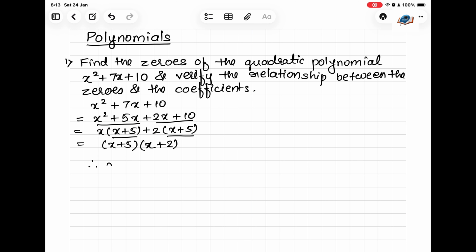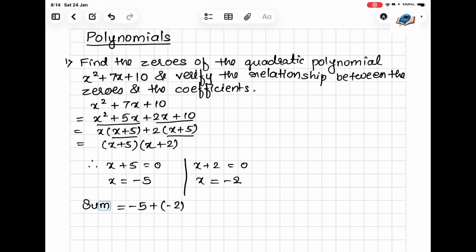Therefore, x plus 5 equal to 0 or x plus 2 equal to 0. So either x is minus 5 or x is minus 2. Now, if I take the sum, minus 5 plus minus 2, that is minus 7, which is equal to minus b upon a.